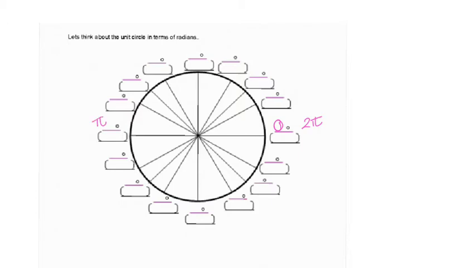So here 1 pi is right here. So this is half a pi. Instead of saying half a pi, we say pi over 2. And if we were counting, this would be 1/2 pi and 2/2 pi, like 2 pi over 2. It's the same as pi over 2.